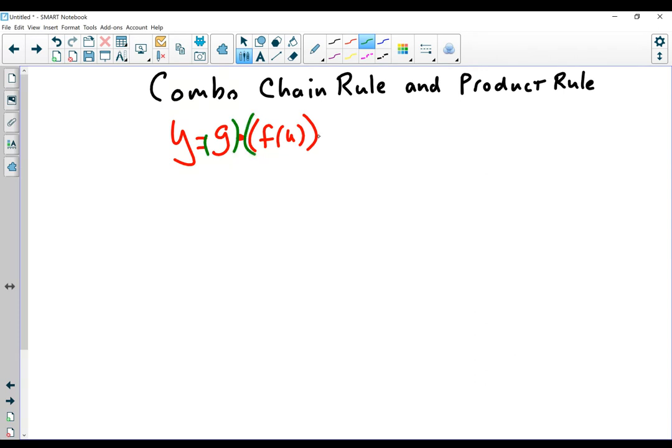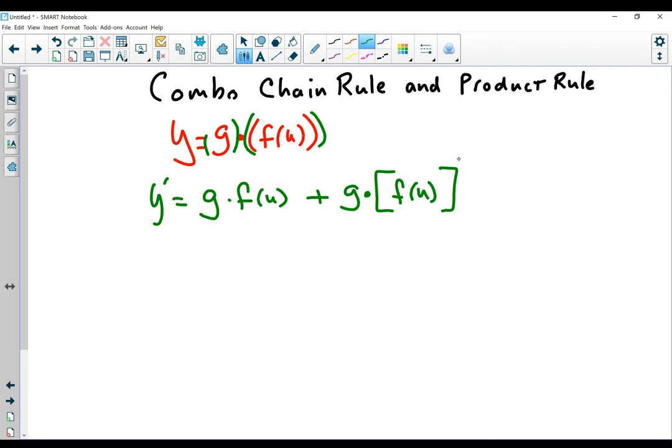This is your first one, that's your second one. So the derivative would be the derivative of the first one times the normal second one, that's f of u. The normal first one times, and now here's where it gets a little interesting. I'll just put here the derivative of the second function, like that.